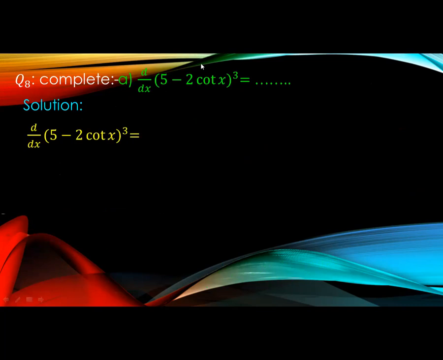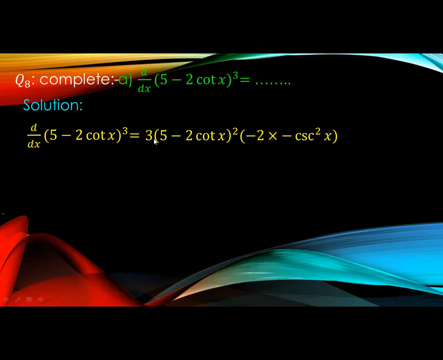Exercise number 8 complete. Letter A, d by dx for (5 minus 2 cotan x) all to the power 3. This function is raised to the power 3. So for its derivative, we drop the power and subtract 1 from the power, multiplied by the derivative of the base.